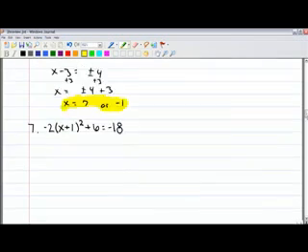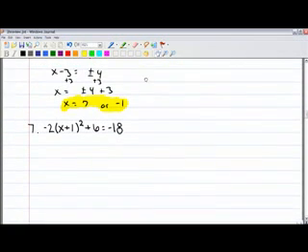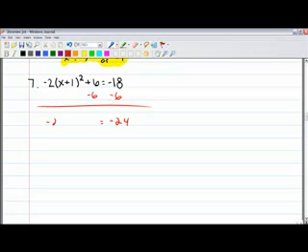And now we're on to number 7. Alright, I'm going to go ahead and subtract 6, divide by -2, then square root. So minus 6 from both sides, minus 24 on the right. Divide both sides by -2.